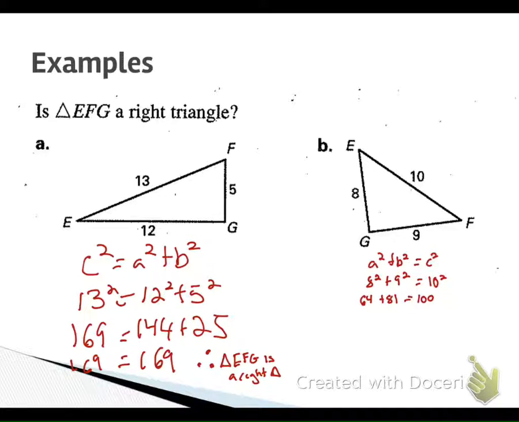We are judging it based on the Pythagorean theorem. So we see here we have to add up 64 plus 81. What is that? 145. Does 145 equal 100? I hear you guys say 145. I said 145, I just didn't write it. So we see that these aren't equal. Therefore, what's the name of my triangle? Triangle EGF is not right.